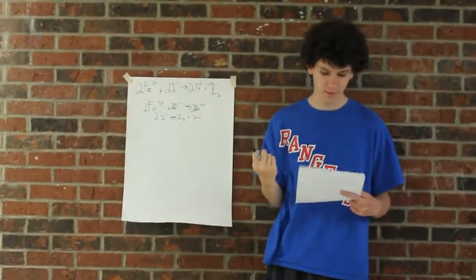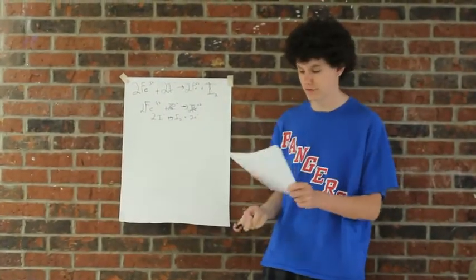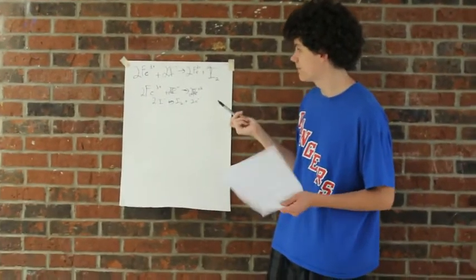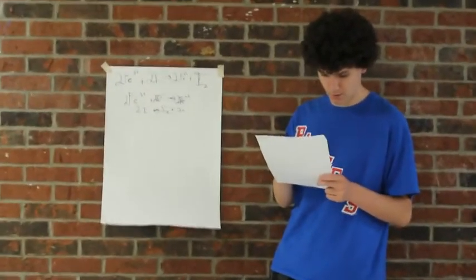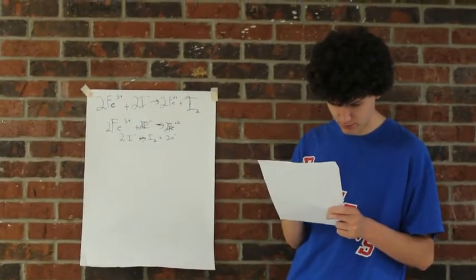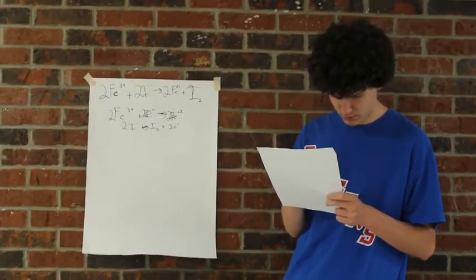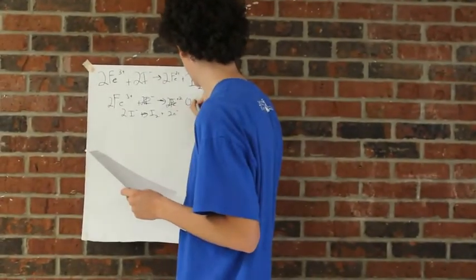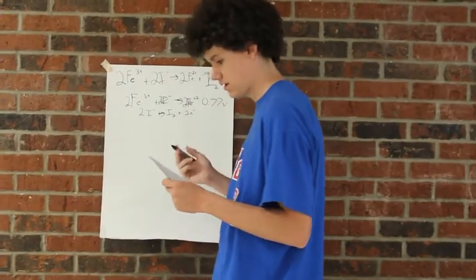Now, the cell potential, according to our reference sheet, for the Fe3+ reaction is 0.77 volts.